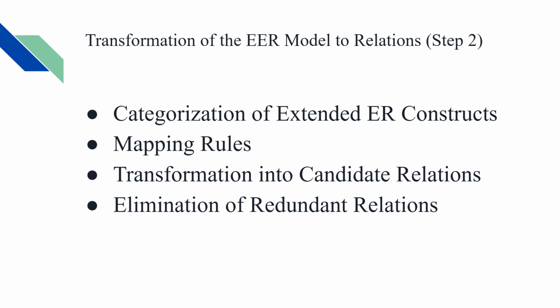This transformation process involves categorizing the various extended ER constructs, applying a defined set of mapping rules to convert these constructs into relational schema, generating the initial set of relations, and then eliminating any redundant relations that may have resulted from the transformation. This step is crucial for bridging the gap between the conceptual entity relationship model and the logical relational model, preparing the design for the normalization process.